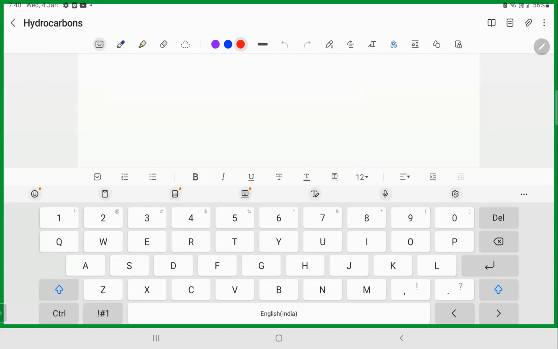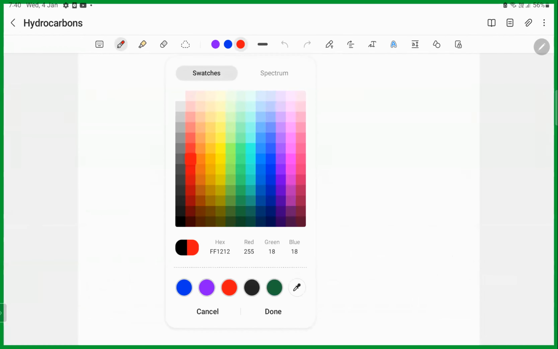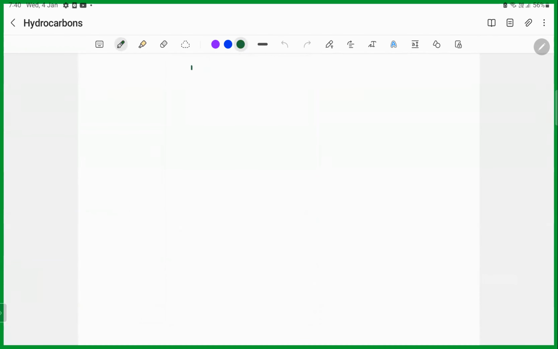So we are going to write about hydrocarbons. The name itself gives an idea that you have carbon and hydrogen. In this, you only have carbon and hydrogen.